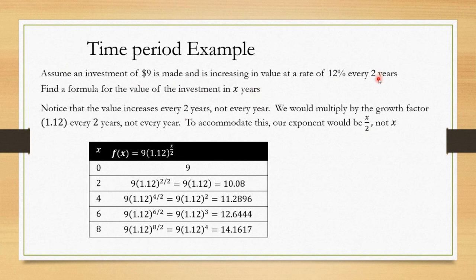Well, since it's increasing by 12% every 2 years, that basically means the value is not going to increase every year. It's going to increase every 2 years. And really, to accommodate that, we have to replace X in our formula by X over 2.